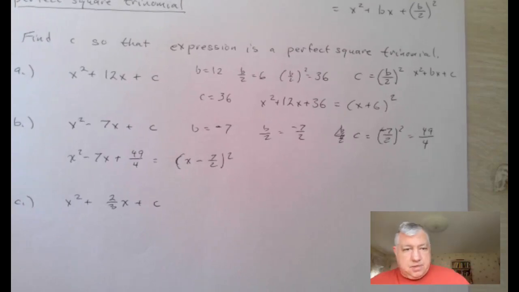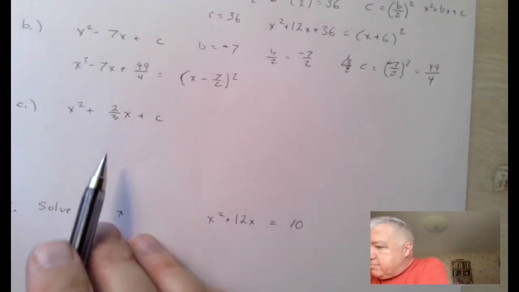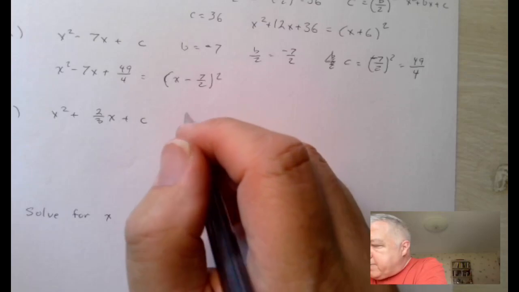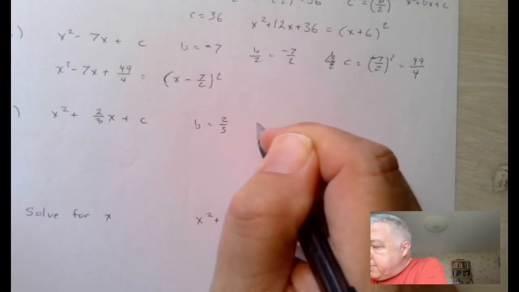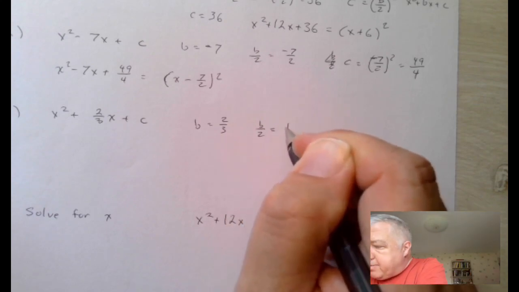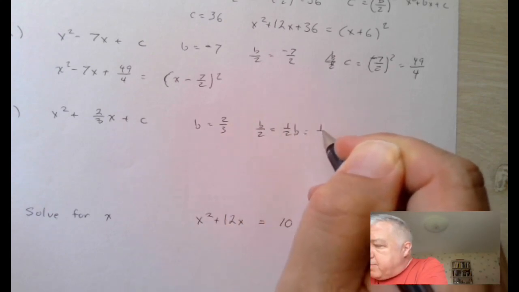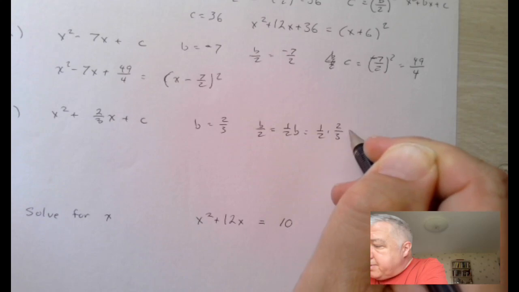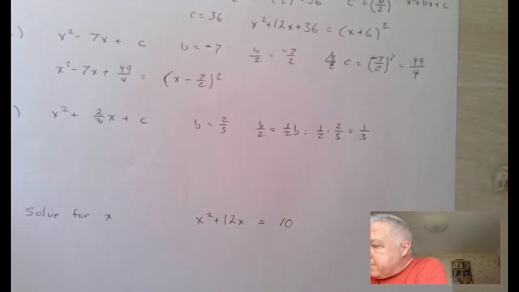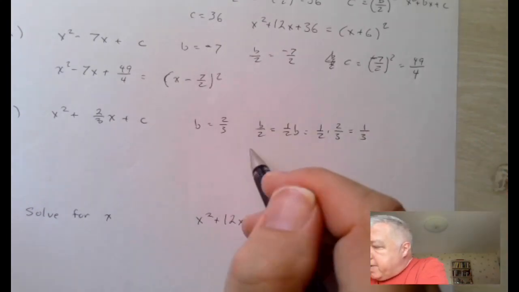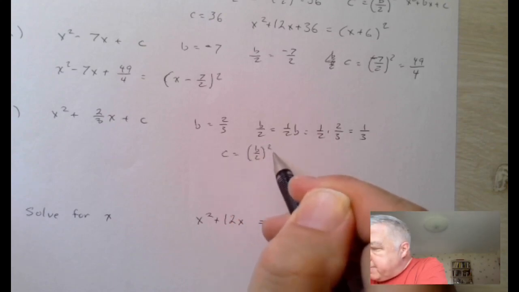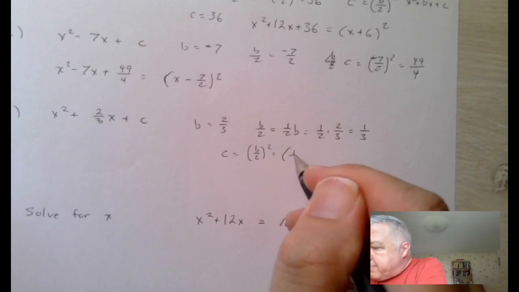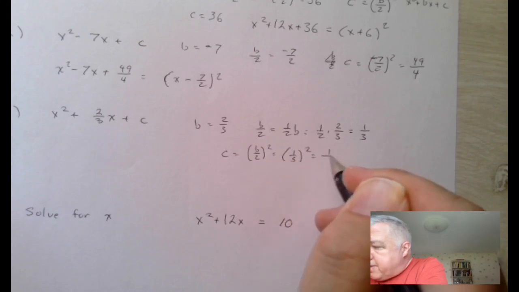Here, b doesn't have to be a whole number. b is 2/3, so b over 2, the same thing as 1/2 b, is 1/2 times 2/3, which is 1/3. So c is b over 2 squared, which is 1/3 squared, which is 1/9.